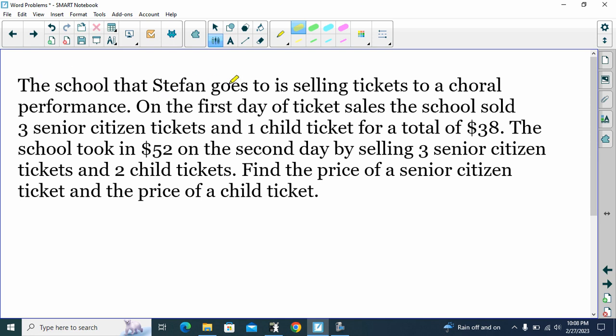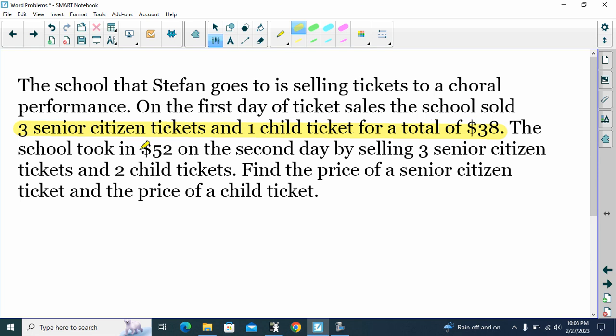The school that Stefan goes to is selling tickets to a choral performance. Probably not terribly important. Don't need to write that down. On the first day of ticket sales, the school sold 3 senior citizen tickets and 1 child ticket for a total of $38. I would write that down.